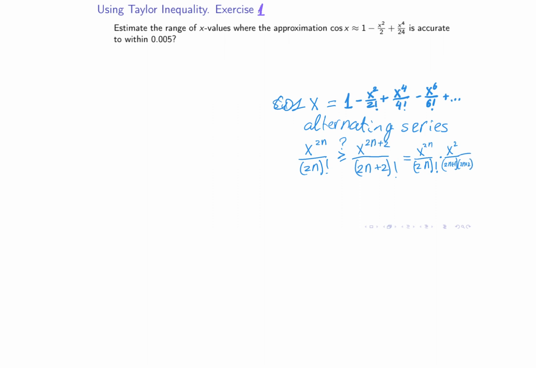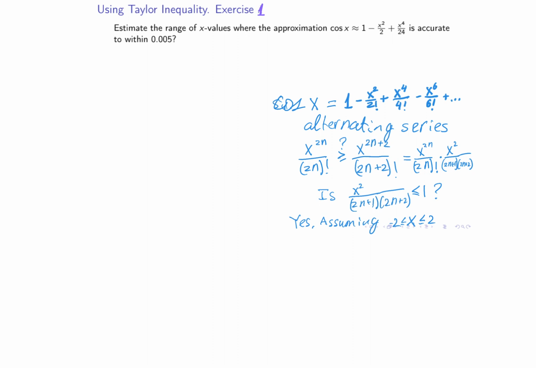So effectively, we are asking ourselves if x squared over 2n plus 1 times 2n plus 2 is less than 1. And in fact, since we already have a rough idea what x is, we can be pretty sure that x is between minus 2 and 2. So assuming that x is between minus 2 and 2, we can say yes.